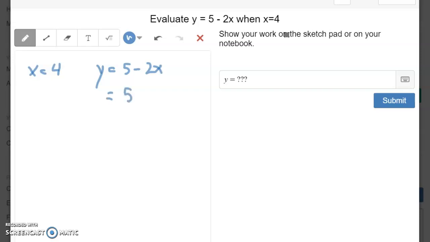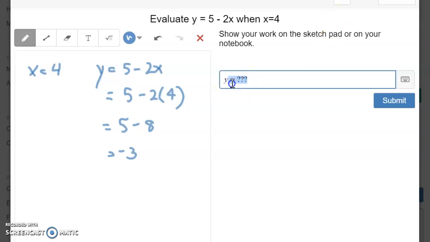So it's going to be 5 minus 2 times 4, which is the same as 5 minus 8, which is the same as negative 3. So in this case, y is going to be negative 3. Just simple substitution.